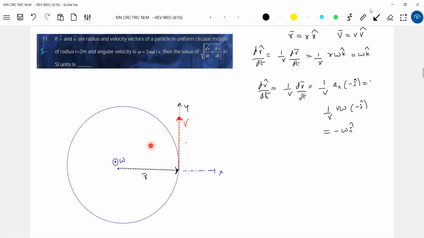A unit radial vector is not going to change along the omega direction. See, what is the direction of theta? Theta will be along the z axis. Numerically, we are getting the magnitude as omega. But sir, dr by dt is v bar, and both i component and j component will be there.